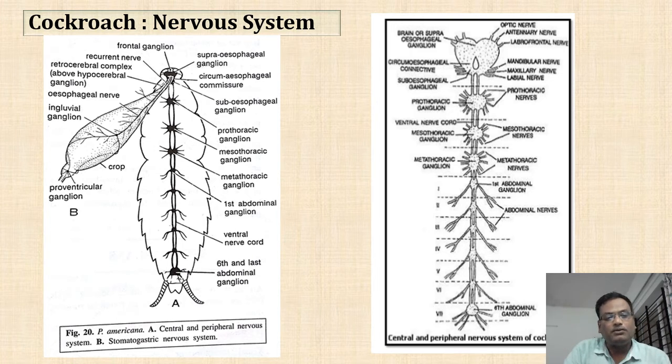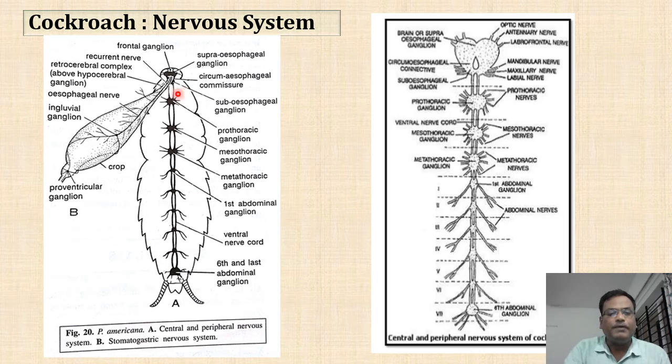Now these two parts of the ganglia are interconnected by means of a thread-like nervous system tissue, and we call it a circumesophageal commissure. We call it as circumesophageal commissure because it covers the esophagus, right? So the upper, supra, and below, sub, is interconnected by the circumesophageal commissures.